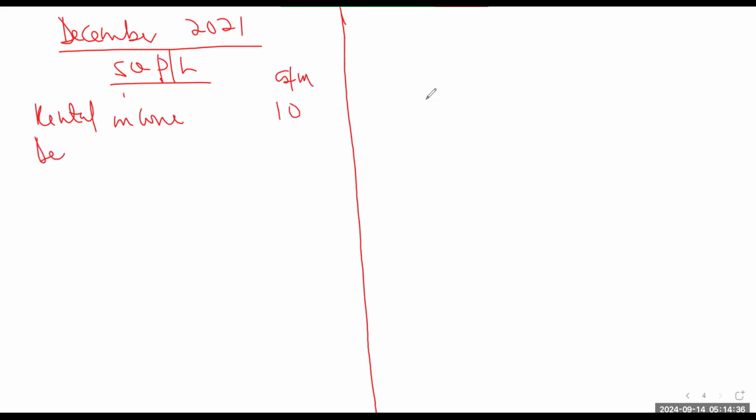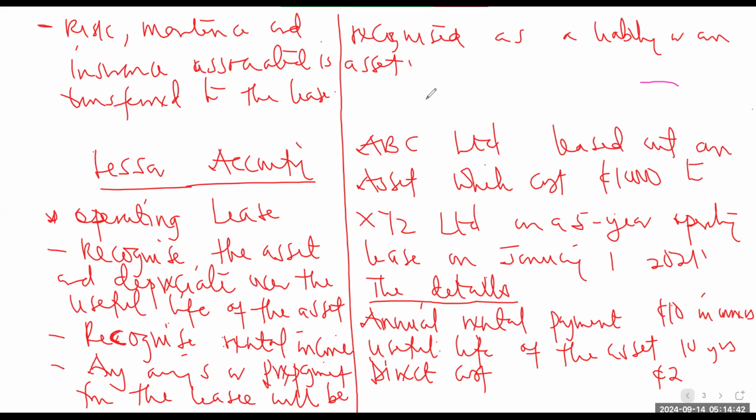Then we have a depreciation, because the asset will still be in our books, and the asset has a useful life of 10 years. So don't say that because the lease period is 5 years, you are going to depreciate the asset over 5 years. No, the asset that you have purchased, you are going to use it for 10 years, so you still depreciate the asset over 10 years.